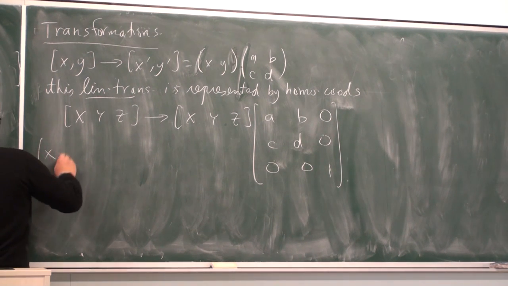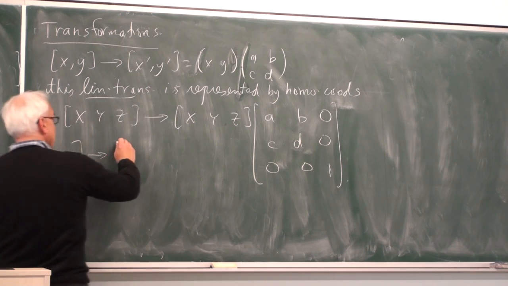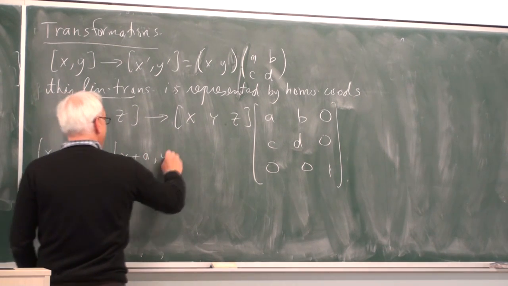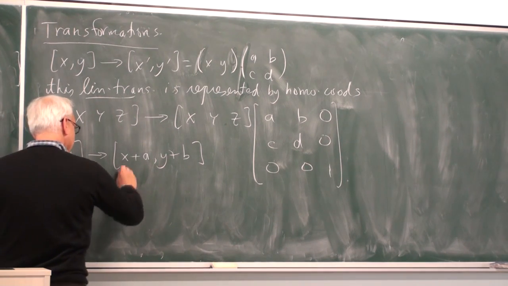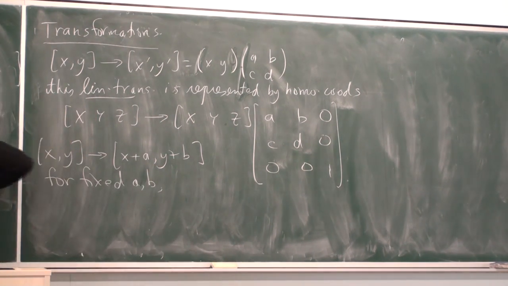So if we have the transformation that takes xy to, say, x plus a, y plus b, for a fixed a and b, this is a translation of the plane. And that's usually outside the strict domain of linear algebra, because linear algebra concerns itself with transformations that always leave the origin fixed. So if you want to work with this kind of transformation in conjunction with linear transformations, it can be a little bit awkward because you're mixing apples and oranges.